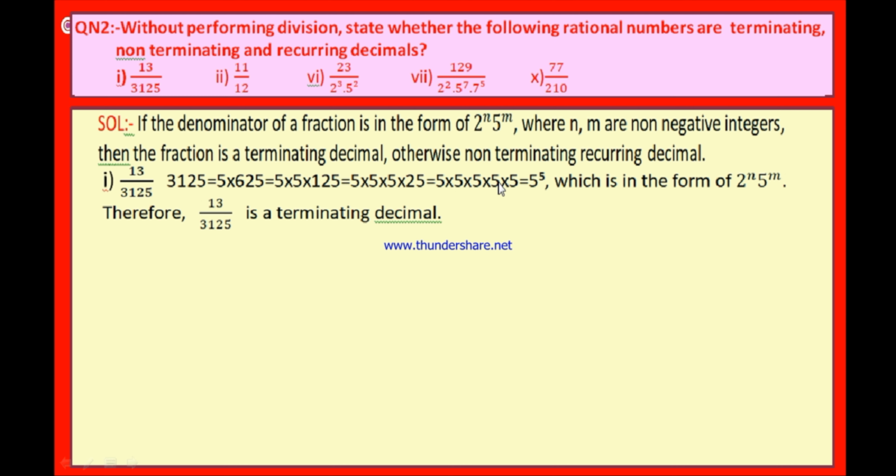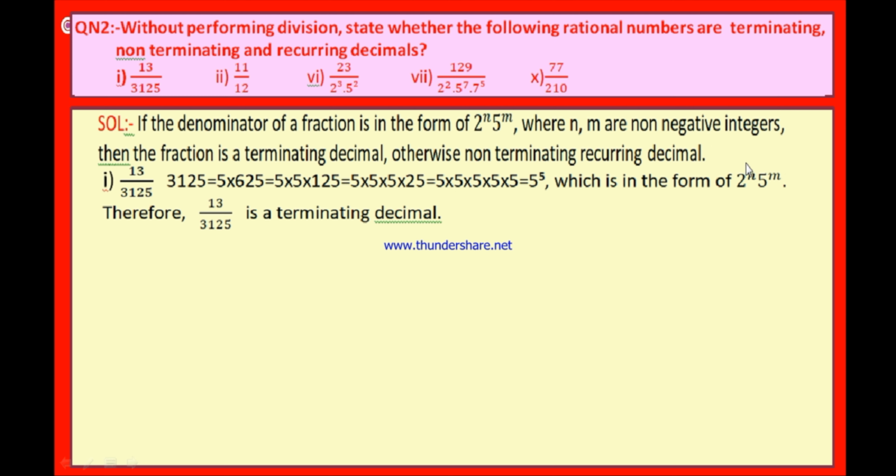3125 can be written as 5 power 5, which is in the form of 2 power n into 5 power m. You may have a doubt: where is 2 power n? You may be confused whether 2 is there or not. Even though 2 is not a factor of this, in the statement 2 power n and 5 power m, n and m are non-negative integers, which means they may be 0 also.